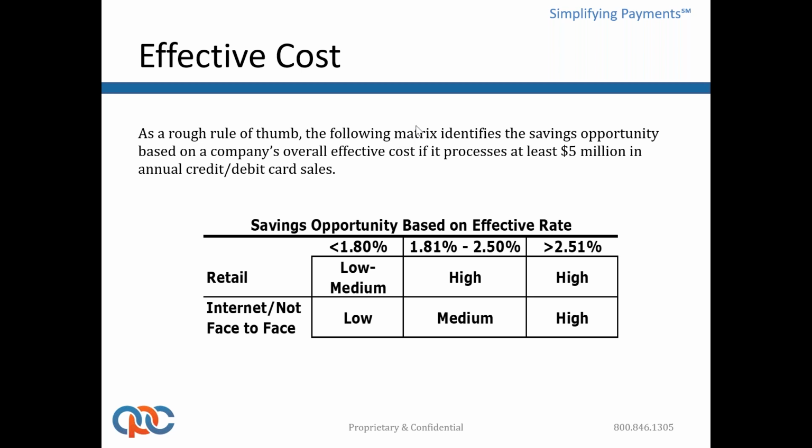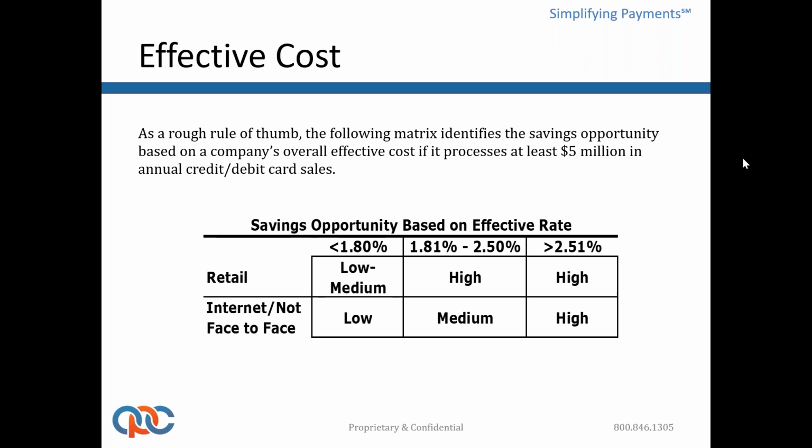So this grid basically says if you're a retailer and your effective cost is less than 1.80%, there's a low to a medium chance that there's material savings. But if your effective cost is greater than 1.8% in your retail environment, there's probably a high probability that there are savings opportunities for you.